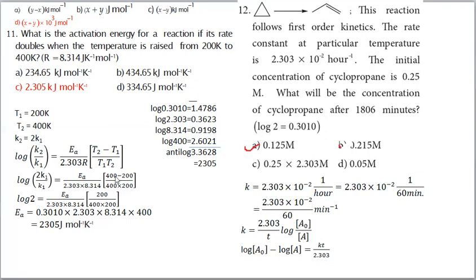When we subtract these two, we get 200. K1, K1 cancel, balance 2. So log 2 equals Ea by 2.303 into 8.314 into 200 by 400 into 200. We can cancel this 200, 200. Then rearrange.